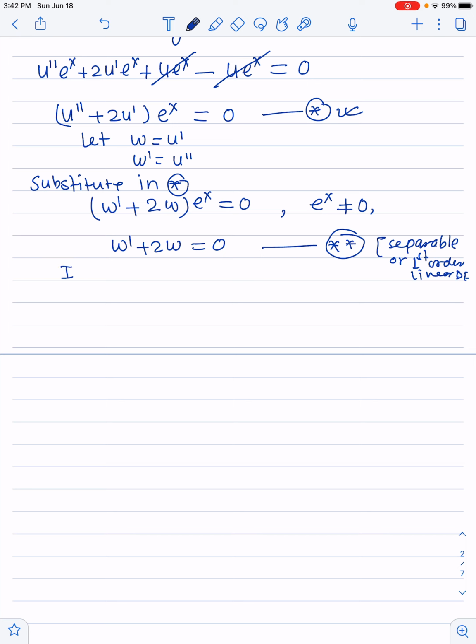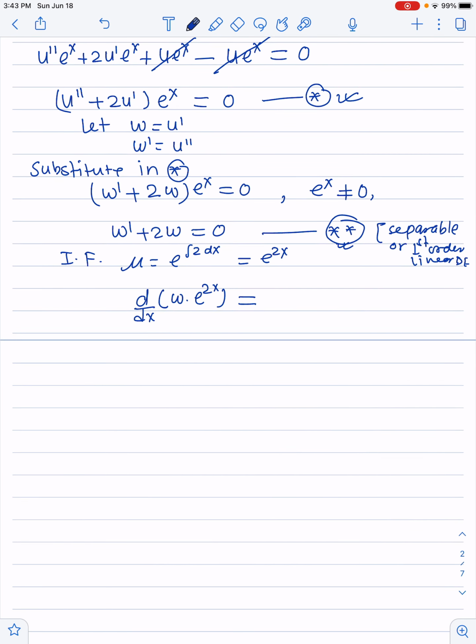So I'm going to find the integrating factor. The integrating factor would be e to the integral of 2 dx, which is e to the 2x. So this is the integrating factor. Now I'm going to multiply this equation by the integrating factor, and then it will actually be d over dx of w times the integrating factor. I skipped one step because we have already solved first order linear differential equations, so you might already know the method.